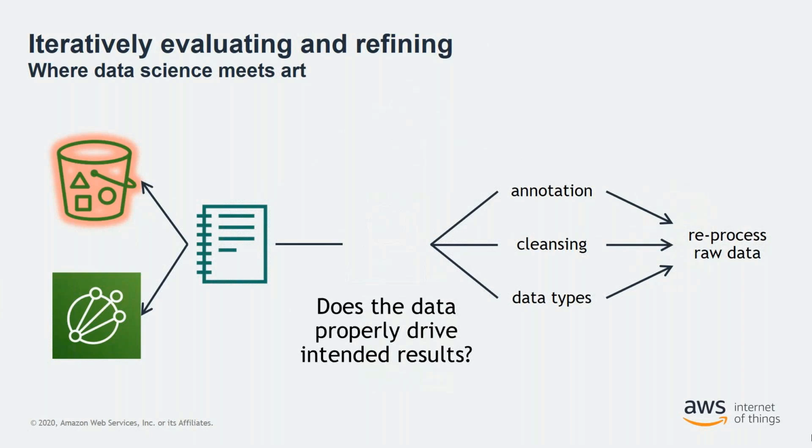So we want to take those data sets from S3 and also IoT Analytics. Have your SageMaker notebook facilitate that. You can annotate and cleanse and identify your data types, but you're going to build these models over and over again. You can quickly iterate on the testing of your algorithms against data sets using SageMaker and SageMaker endpoints, using testing endpoints.